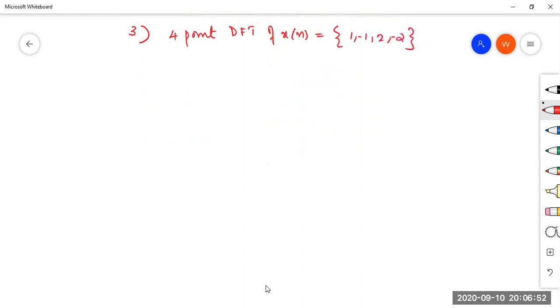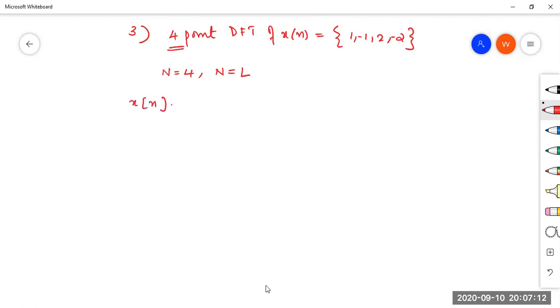Now for this one, you know that the sequence length is equal to 4 here, and since it is 4-point, N is equal to 4 and N is equal to L. So this exists. So now we will find one by one.